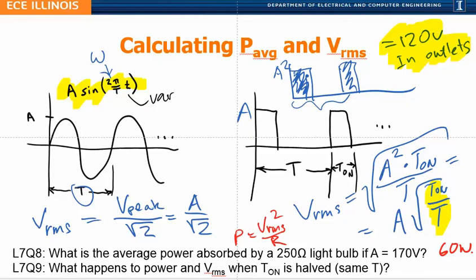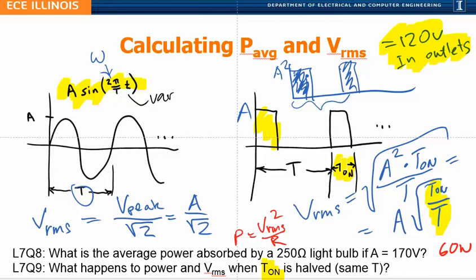Question 9 is a conceptual, qualitative question. What happens to power and VRMS when T on, for this square wave, is halved, so goes down by a factor of 2, while the period is not changing?